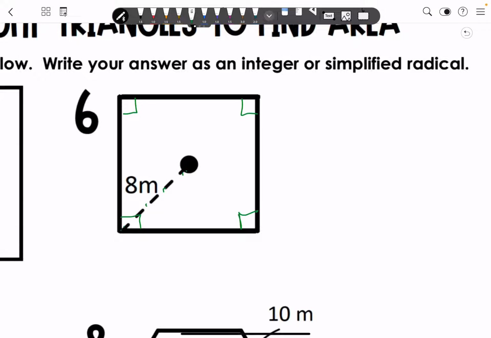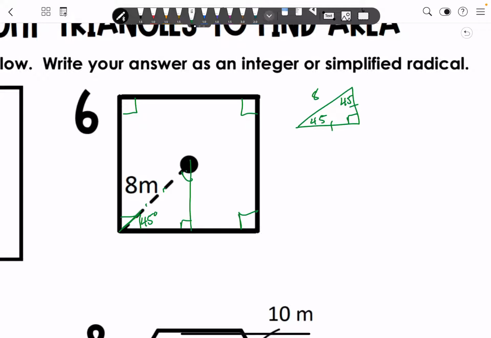And it's splitting that 90-degree angle in half, which means this is 45 degrees. That means this will also be 45 degrees. And so now we're working with a 45, 45, 90. I know mine's not drawn to scale, but still.